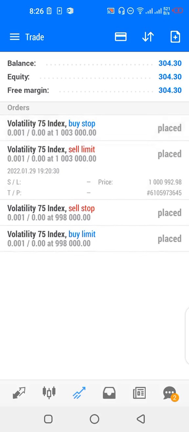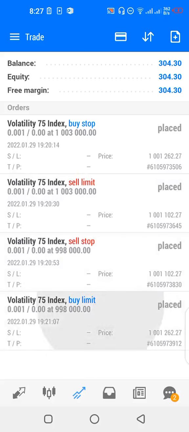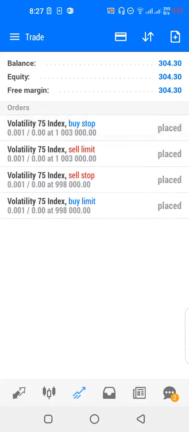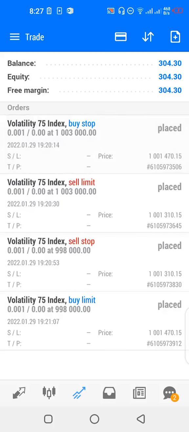So I'll be hedging the buy stop, which is now a buy entry, with a sell stop. I'll be hedging the sell limit, which will now be a sell entry, with a buy stop. Of course, I will have deleted these two. But if these two get triggered first, that means I'm going to delete the sell limit and the buy stop.